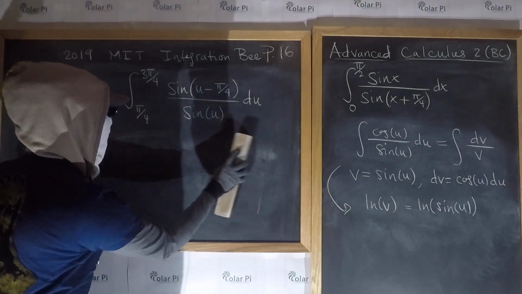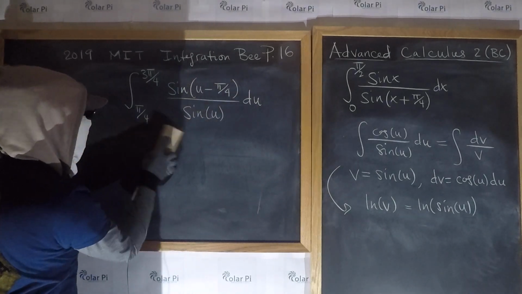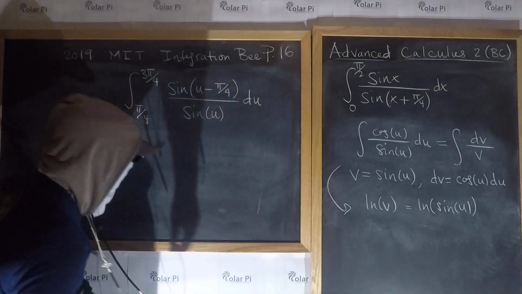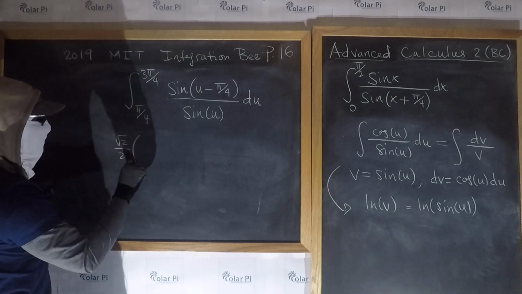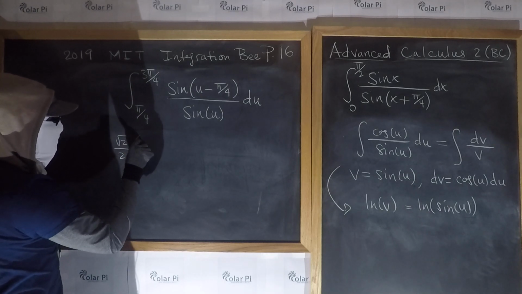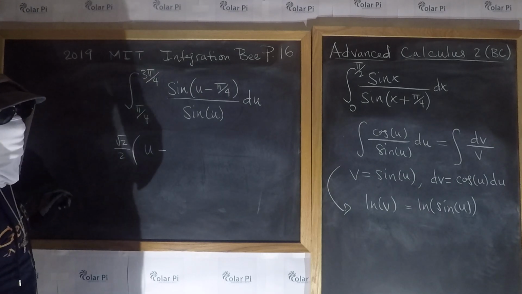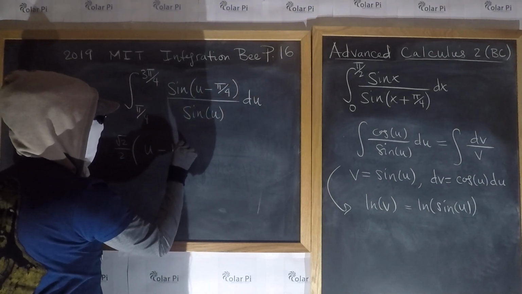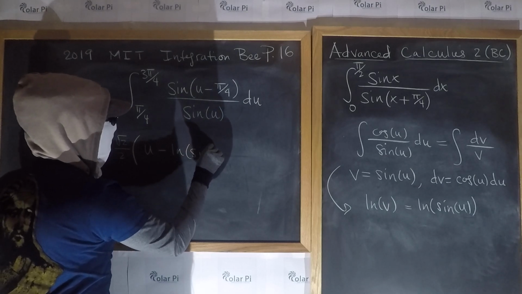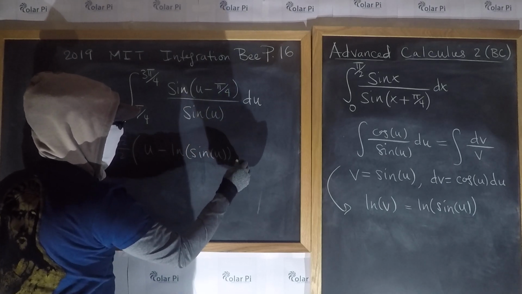Okay, so this is what I'm saying. What we have now is this. We have root 2 over 2 and then u from the first integral and then minus, right? And then the natural log of sine u, right?